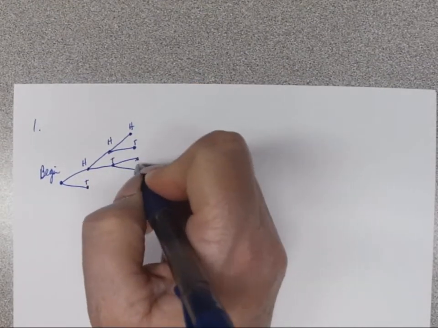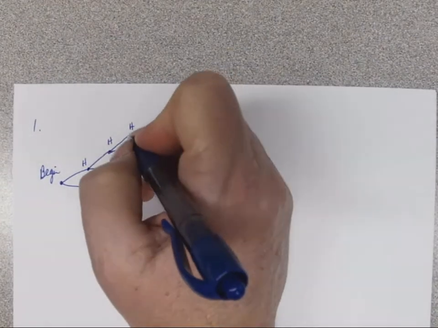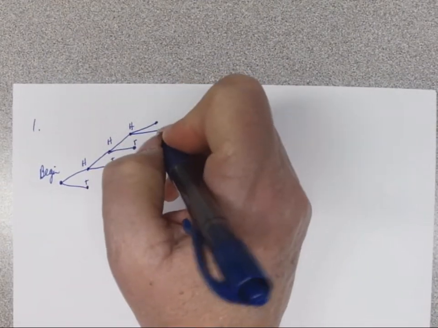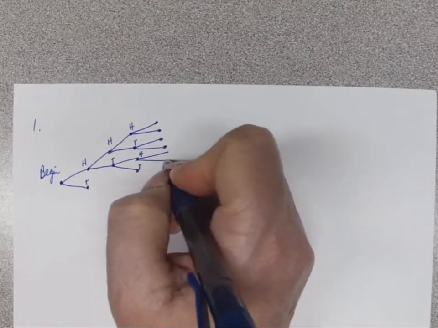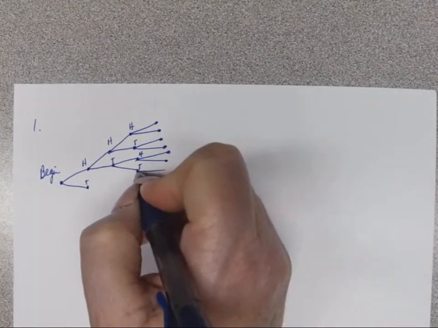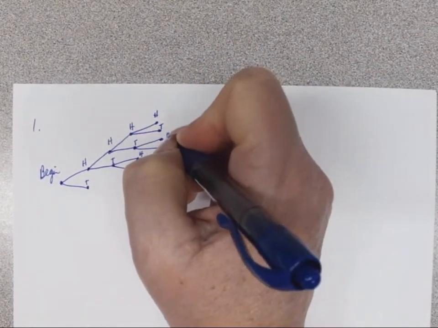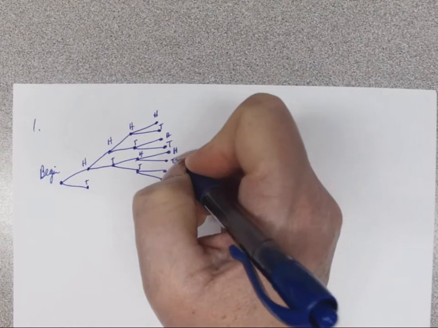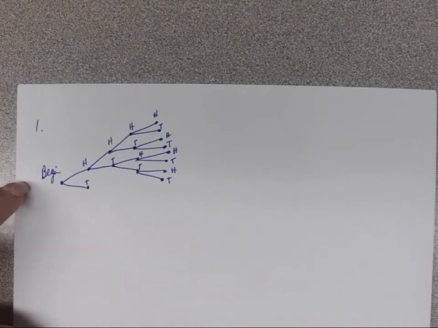And over here, we would get a head or a tail. And then we're going to flip the quarter. So we get a head or a tail, a head or a tail, a head or a tail, and a head or a tail. So that's if we follow the flipping of the beginning from the heads.